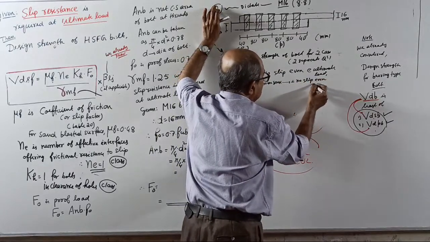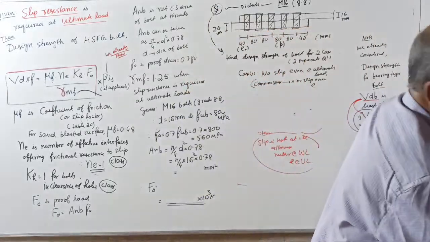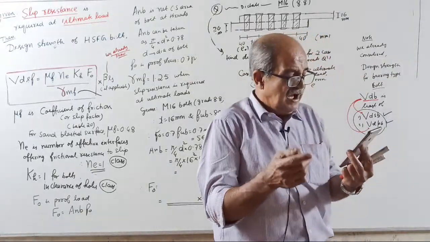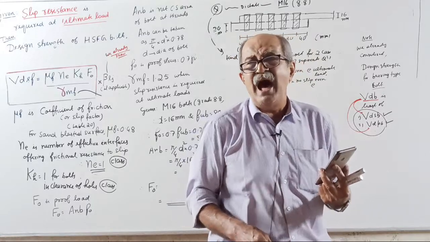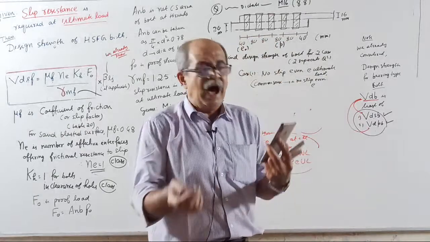No slip even at ultimate load means, tell me, understood? No slip even at what load? This is the height of common sense. If someone knows the subject, he will be laughing at me.